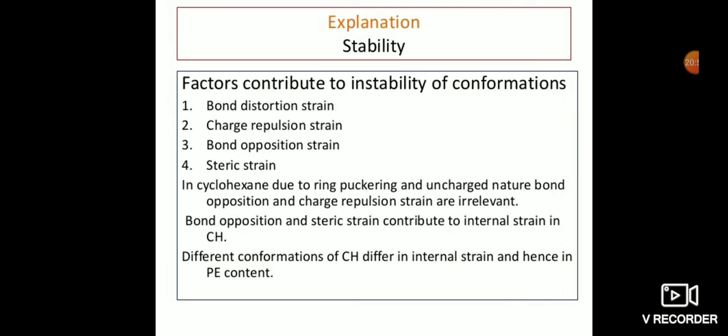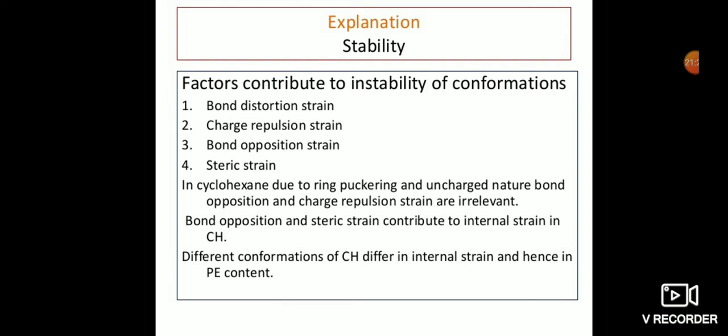Now we will see the explanation for stability: why the stability of the chair form is highest and the stability of the half chair form is least. We will discuss all the influencing factors for stability. Factors that contribute to instability of conformations, meaning which factors create instability.